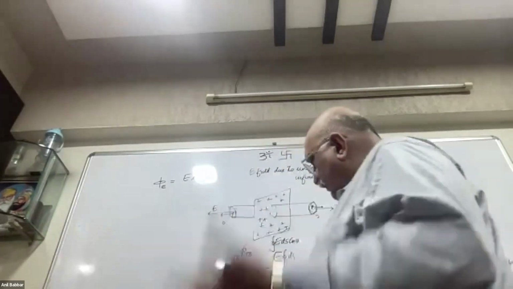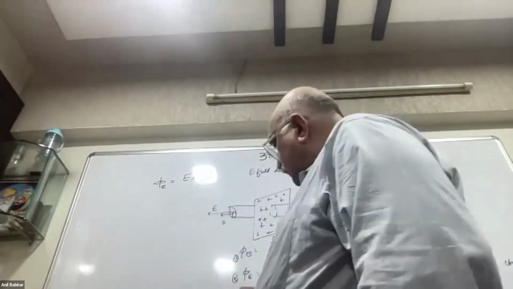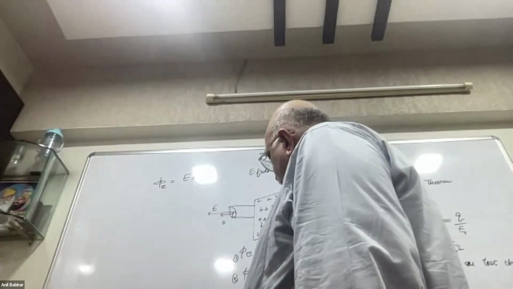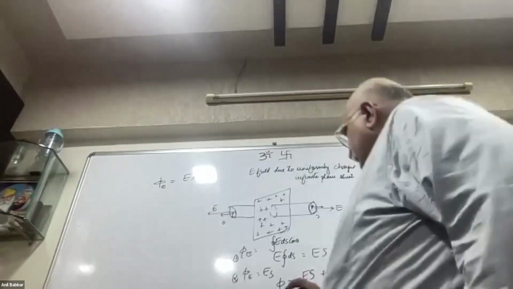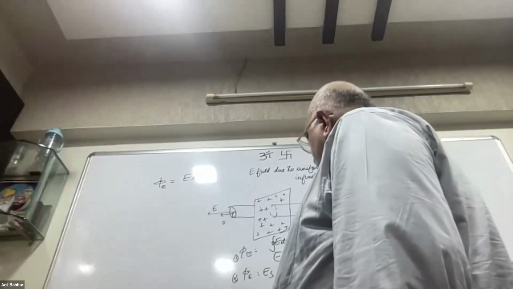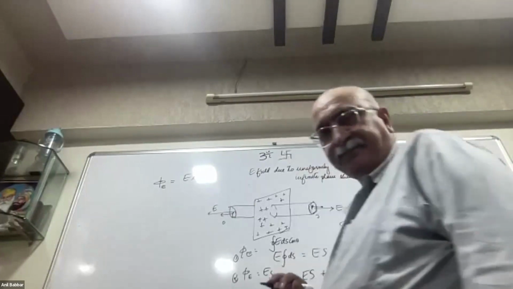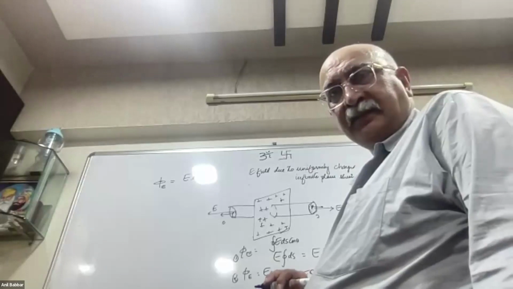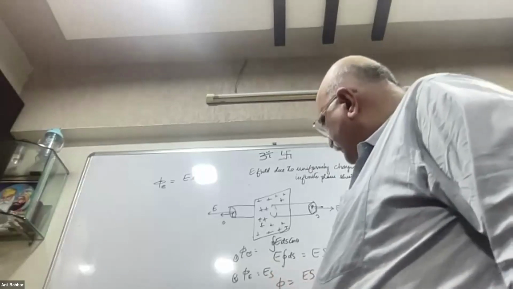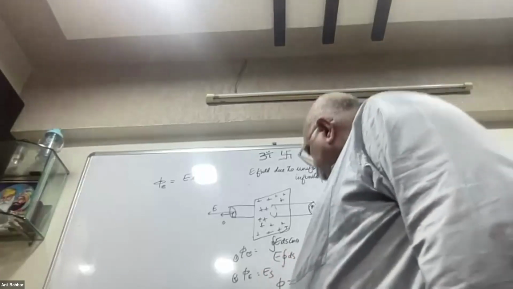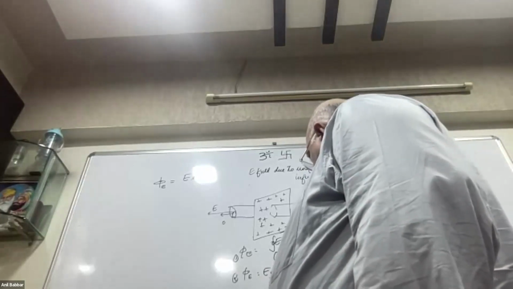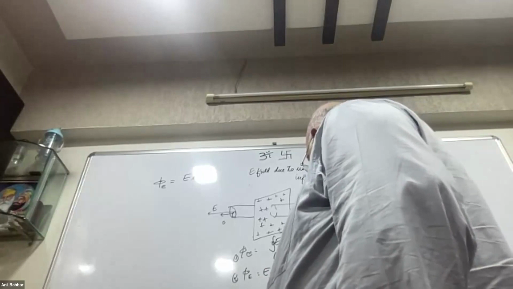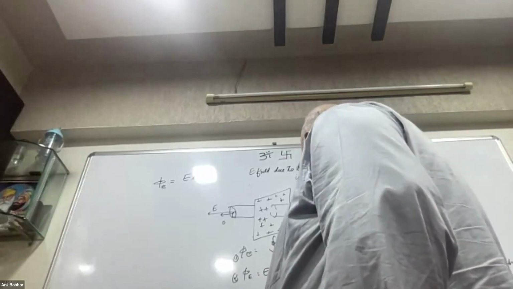Right? According to Gauss theorem, flux is equal to Q by epsilon naught. This is equal to 2 times EA. Right? It's 2 times EA. Now this Q is to be replaced by sigma A upon epsilon naught is equal to 2 times EA.